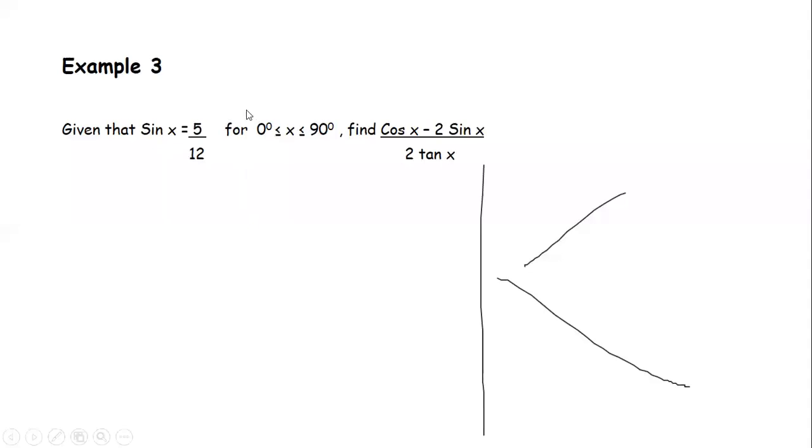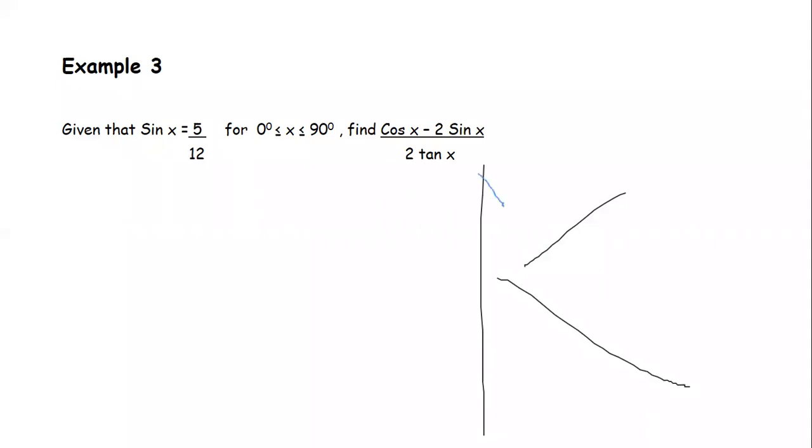Now, these inequality relations that we are given simply mean that the value of x, the angle x, is between 0 and 90 degrees: 0 less than or equal to x, x less than or equal to 90 degrees.